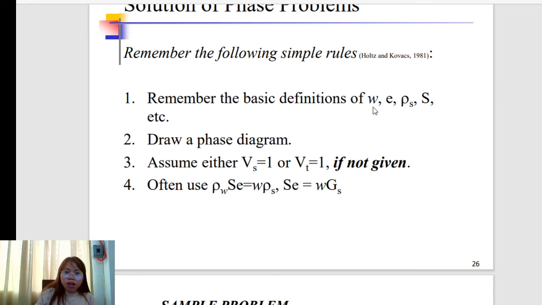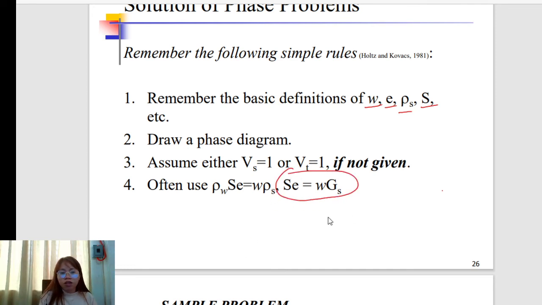Number one is remember the basic definitions of moisture content, the void ratio, the density of soil, the degree of saturation, etc. And draw a phase diagram, with the soil below, then we have the water and the air above. Then assume either the volume of the soil is equal to 1 or the total volume is equal to 1 if not given, and often use this one.